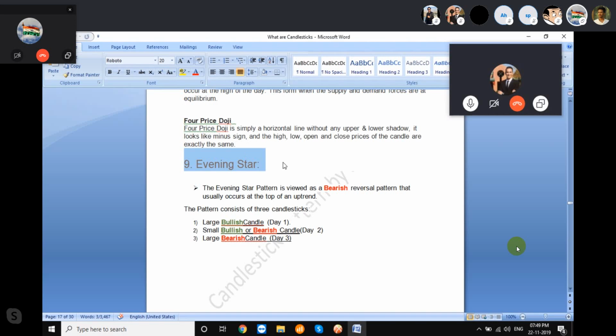Evening star forms after an uptrend in the resistance area. The first candle will be green, then a small bearish or bullish doji candlestick, and then the third candle is a big bearish candlestick. It's called evening star. After evening star, the market goes down.